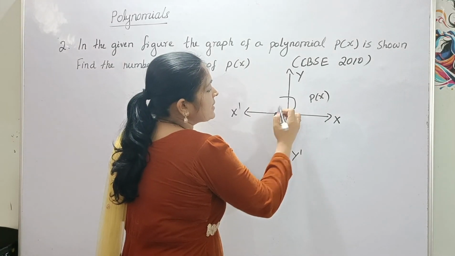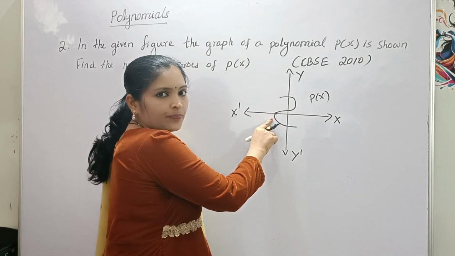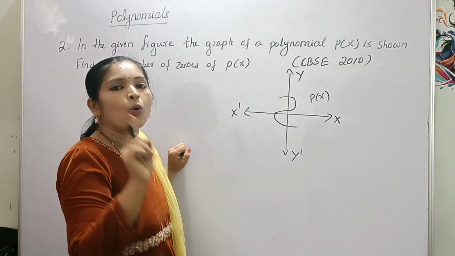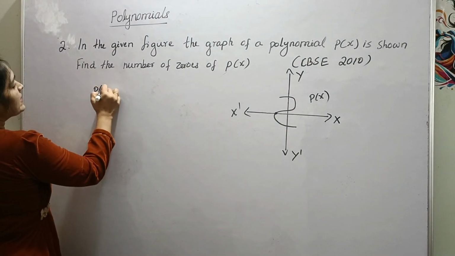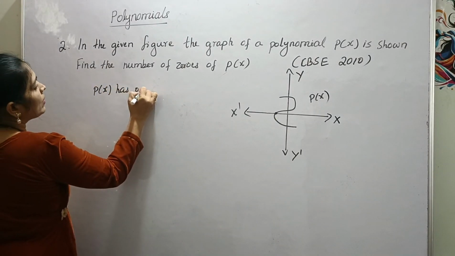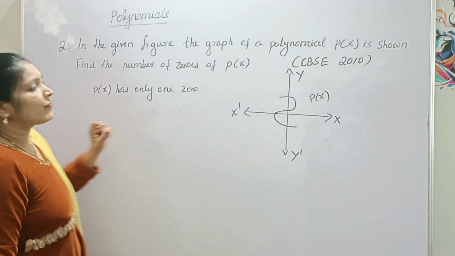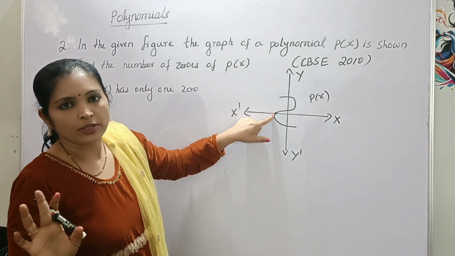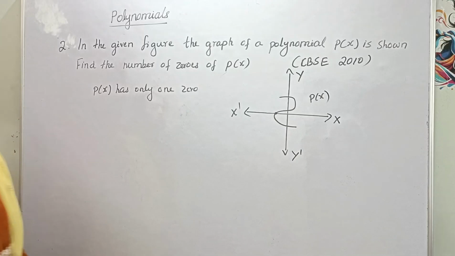Therefore, this polynomial p of x has only one zero, because this graph intersects the x-axis at only one point. Therefore, how many zeros? Only 1 zero.